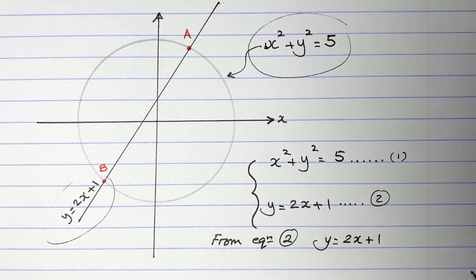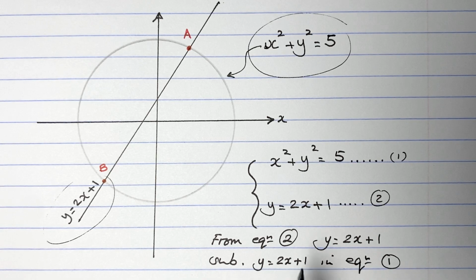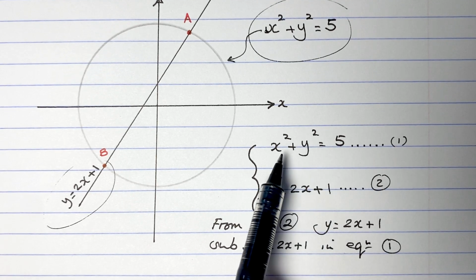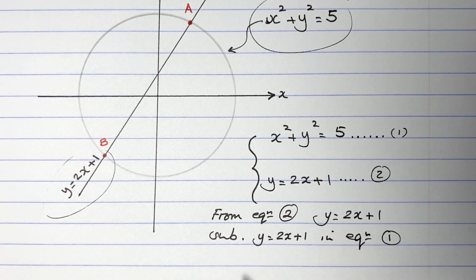I don't need to make it the subject. And substitute y equals 2x plus 1 in equation 1. So here I'm replacing all y's, which is equal to 2x plus 1, in the equation of the circle, which is equation 1.